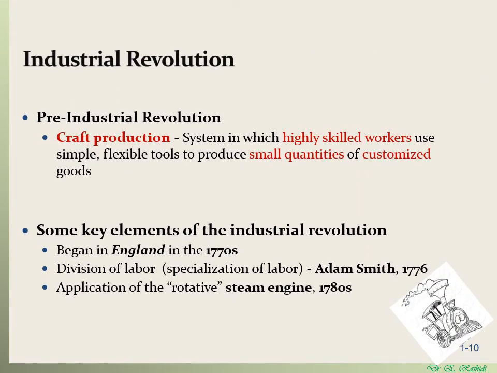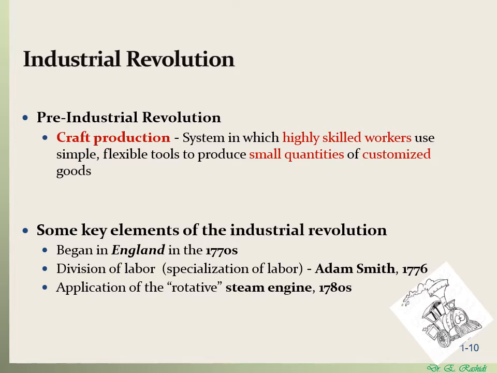Let's start off with the Industrial Revolution. To understand the impact and magnitude of the Industrial Revolution on operation management, it would help if we know what was before it.